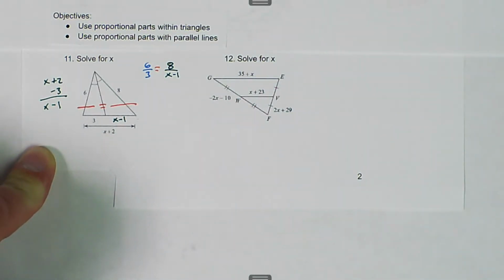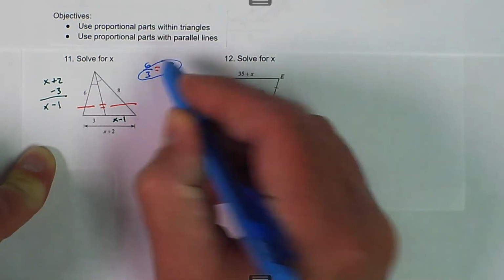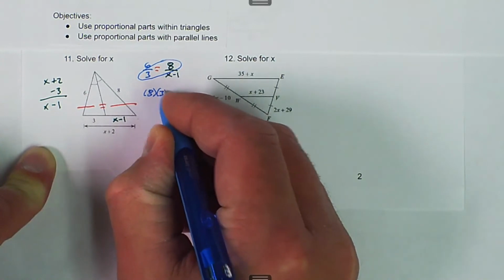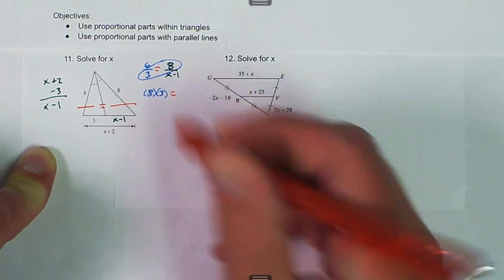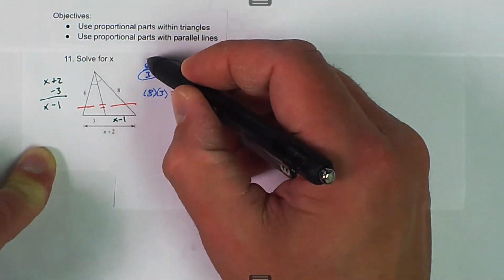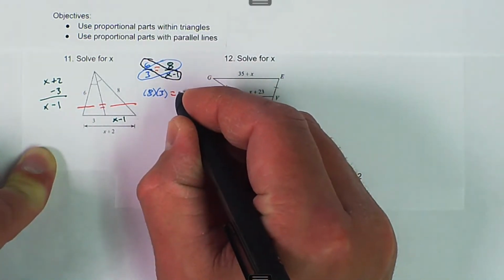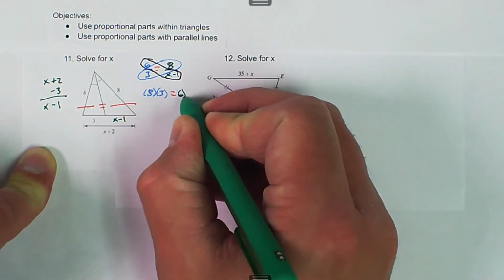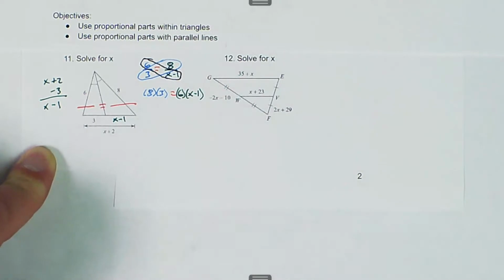Now we can do our means and extremes, and we have 8 times 3, and that is going to be equal to 6 times x minus 1.